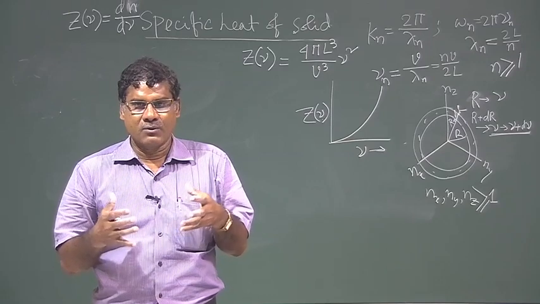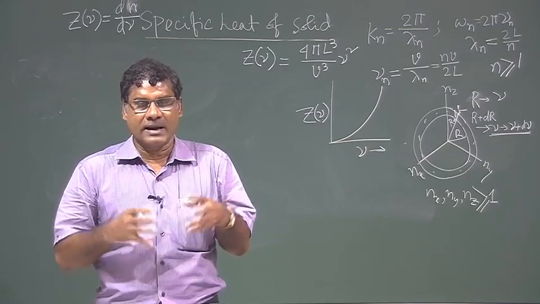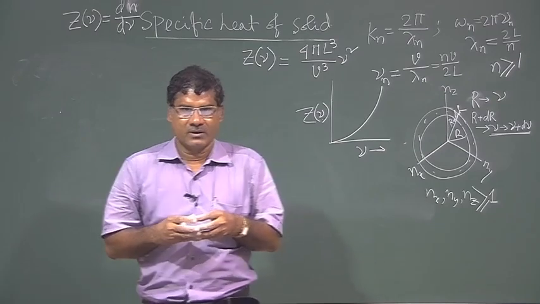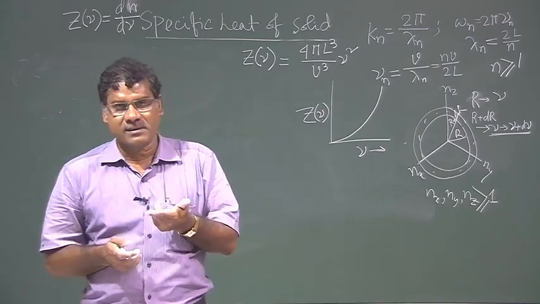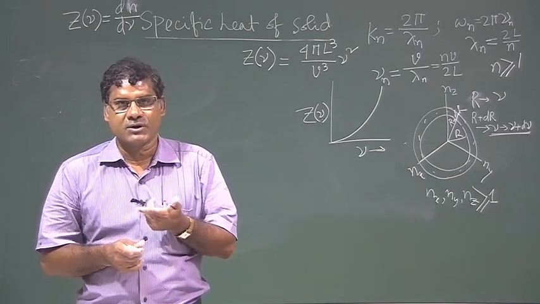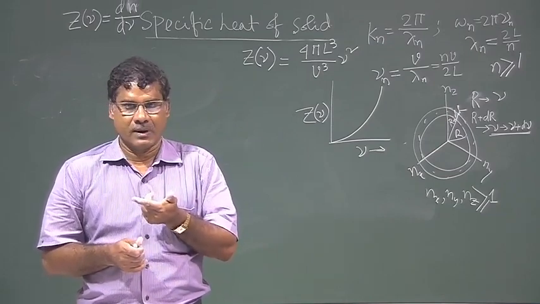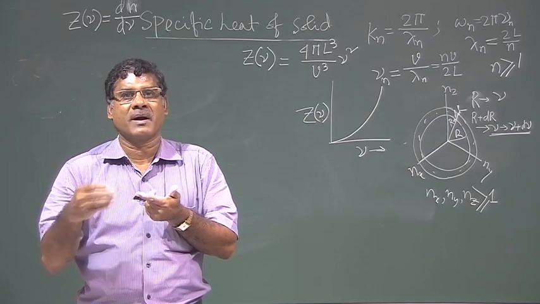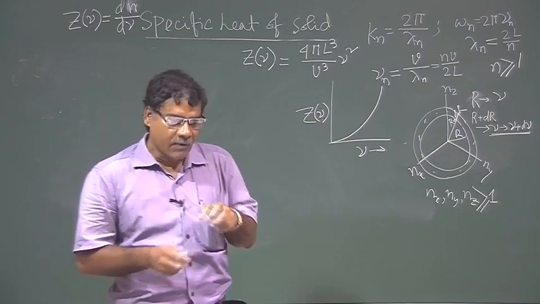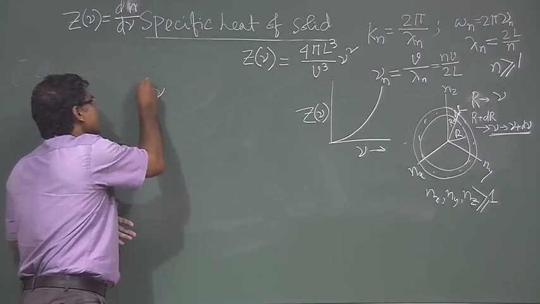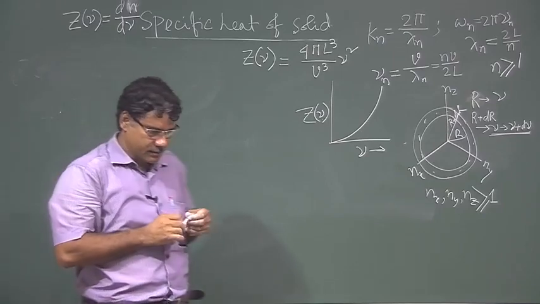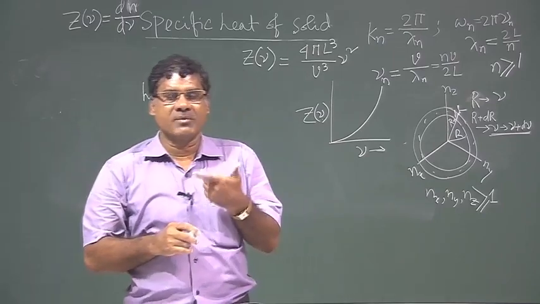So I want to calculate the total energy of this system. Each mode will have energy because it has frequency nu, and different modes will have different energy. If its frequency is nu, its energy will be h nu, right.